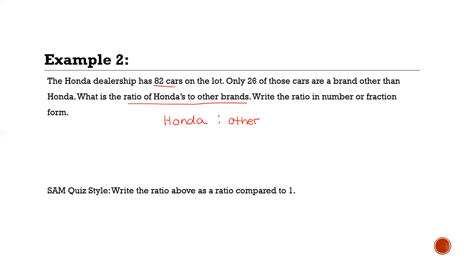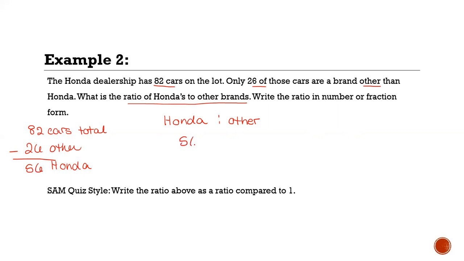So they have 82 cars. That's their total. 26 are another brand. We don't know how many are Honda, but we can calculate it. 82 minus 26 leaves us with 56.